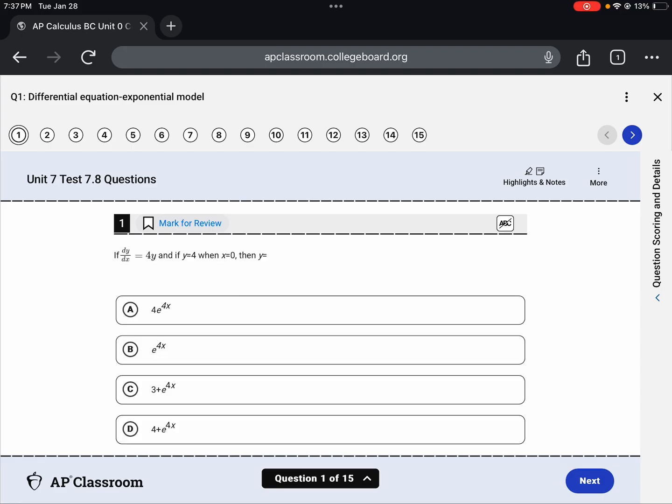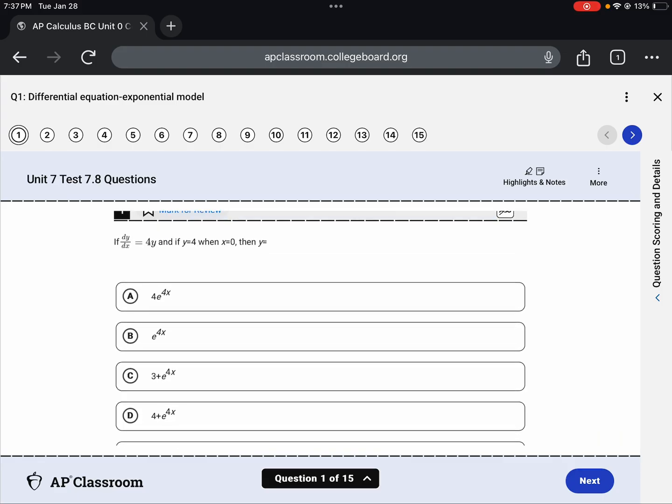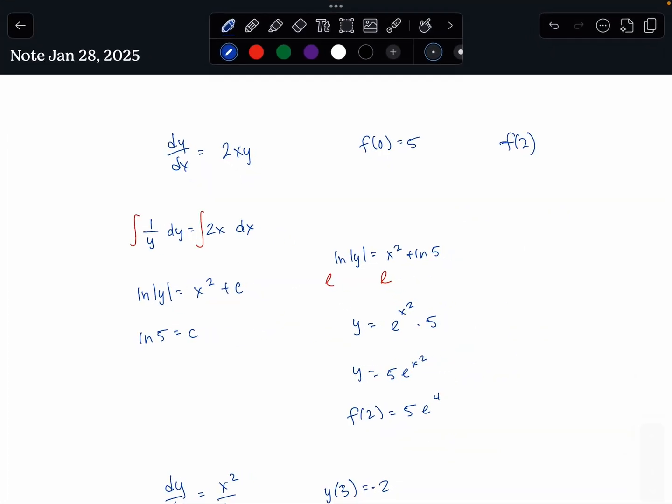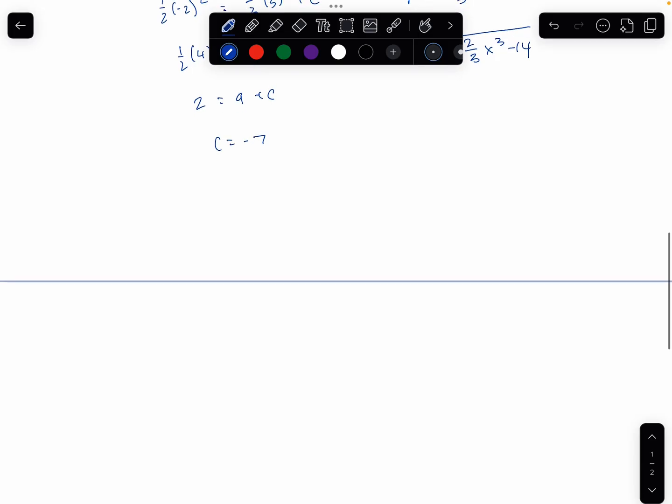if dy/dx is equal to 4y, and if y equals 4, what is 7.8? 7.8 is exponential modeling. And so understanding that for exponential equations, basically it's just pure algebra, what we're doing here. The only calculus that you need to know is that dy/dt is going to be equal to k times y.